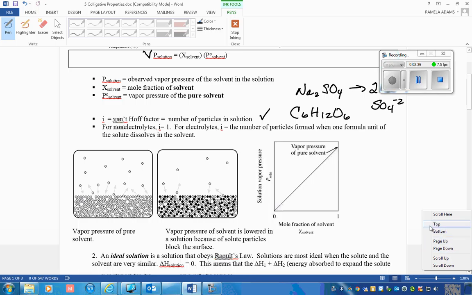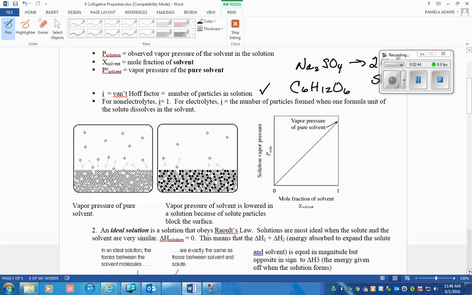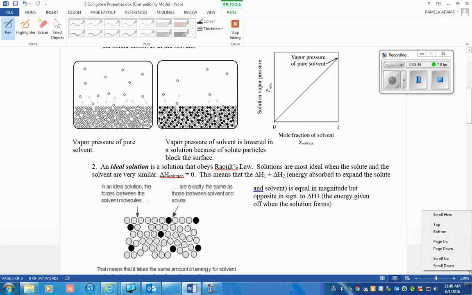Okay. An ideal solution is a solution that obeys Raoult's law. Now, an ideal solution depends on the attractive forces between the solute and the solvent.